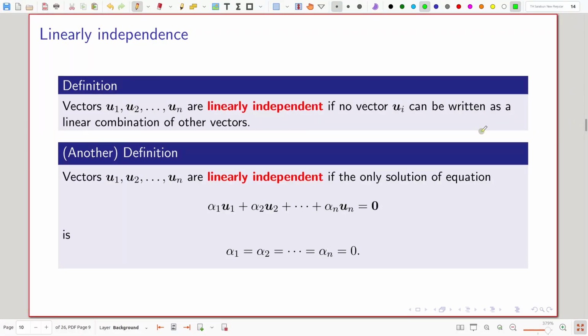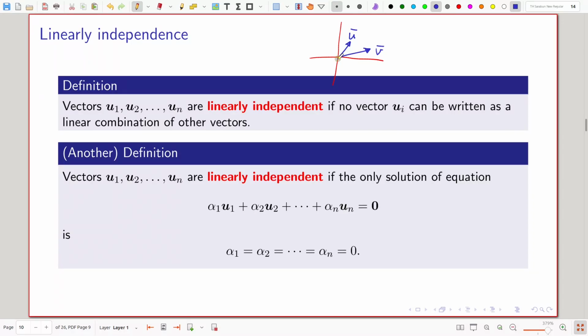So let's see this graphically. If I have these two vectors, look at the case in two-dimensional space. Can I find a linear combination of these two vectors that goes to 0? I have vector u and vector v.